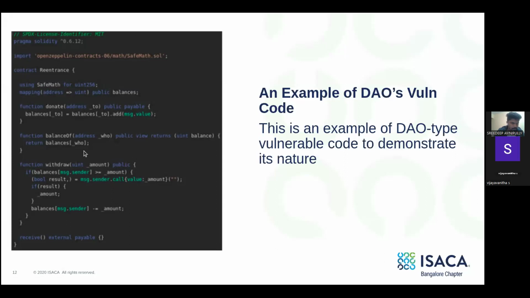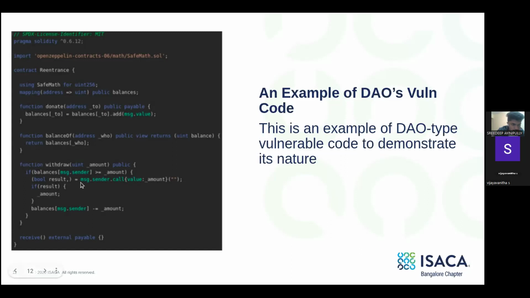We can see there is the line where the amount is deducted from the result, amount minus amount. This is the problem where it lost a huge amount of money. Only two or four lines can result in millions of loss, so you have to be really careful, as I mentioned before, when implementing a smart contract.